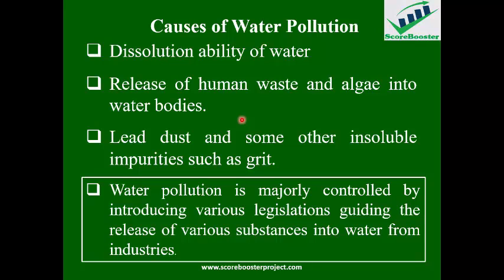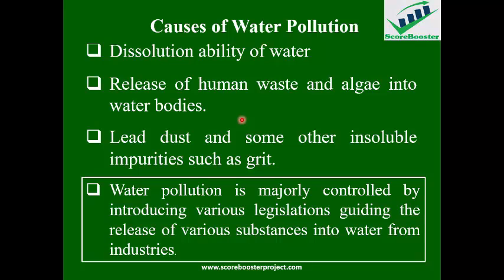Majorly, various legislations regulating the release of substances are needed. These legislations are being enacted by bodies like WHO, all those bodies that deal with atmospheric pollution. So guidelines are provided so that the maximum amount of substances released into the atmosphere is controlled.